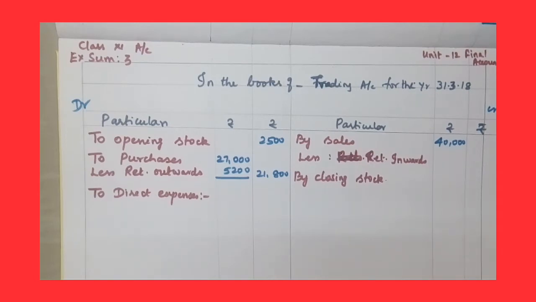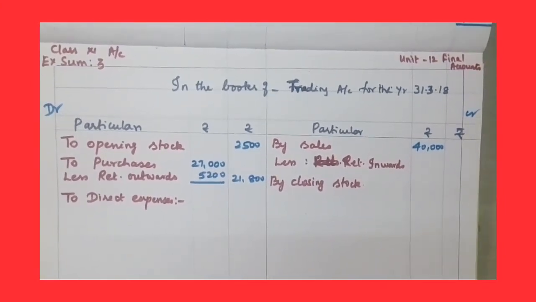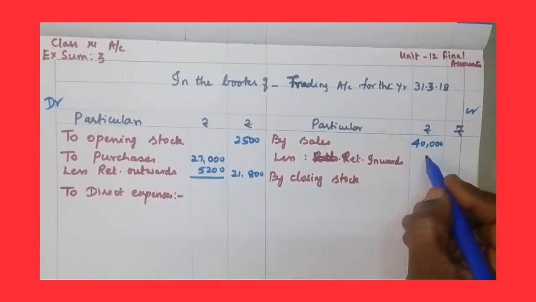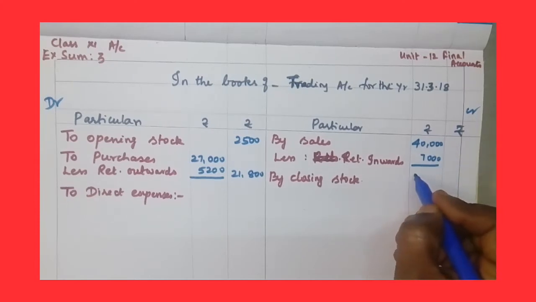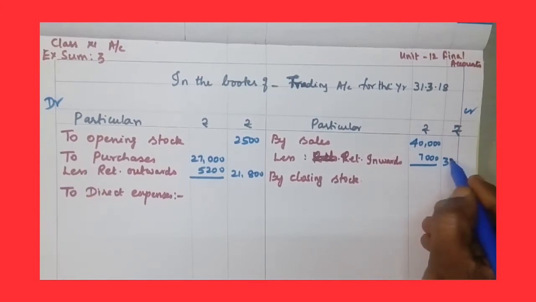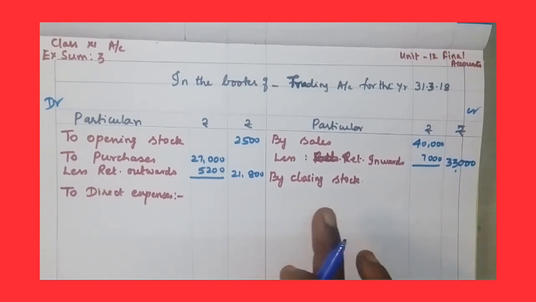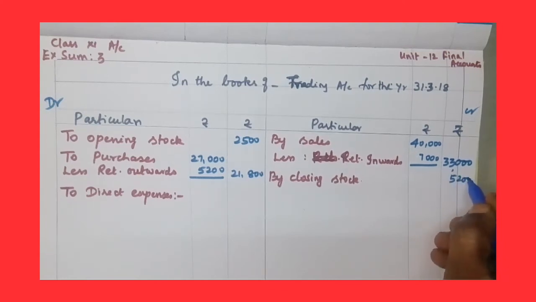Whatever we have sold, out of that some portion has been returned by the customer. That is said to be return inwards. Okay, 7,000, and 40,000 minus 7,000 gives you 33,000. This we can write in the outer column, right? Next, closing stock 5,200, we can put it in the outer column.